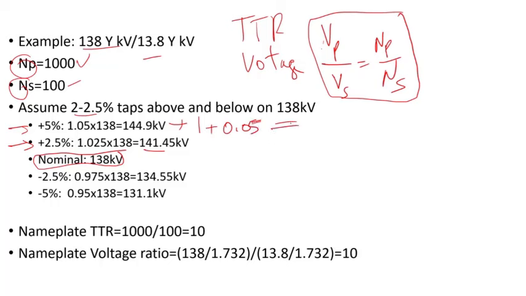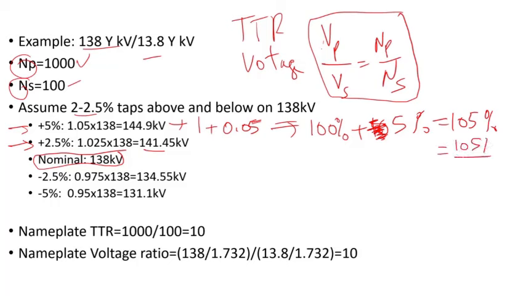Or if you want to think of it in terms of the 100%, which is the nominal, then you're going to add 5% to it, so 105% voltage. If you are thinking in terms of 5%, if you want per unit, you divide 105% by 100, which is 1.05 per unit.